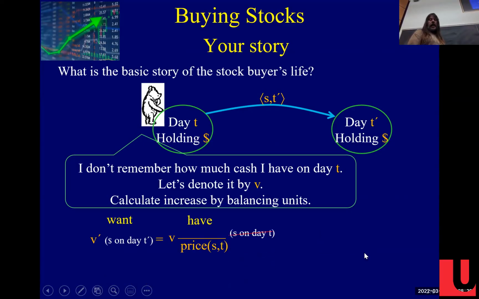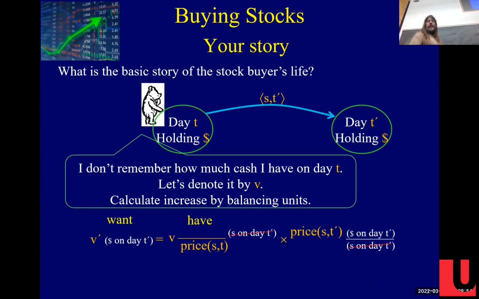And then we want to get rid of that, so we multiply by... here this is stock on day T prime versus stock on day T, right? We'll assume that's a 1 because you don't change how much stock you have, right? And then we multiply by the price at day T prime, right? Because we want to balance this, yeah?